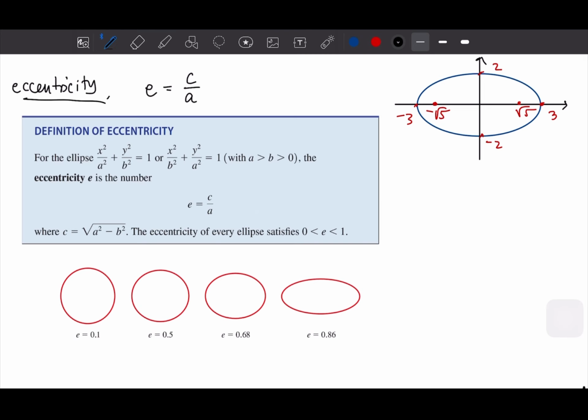Okay. Yeah, I think that's it for the basics on the ellipse.